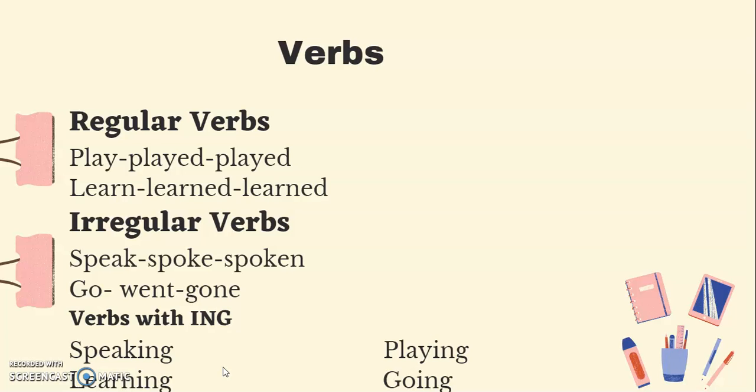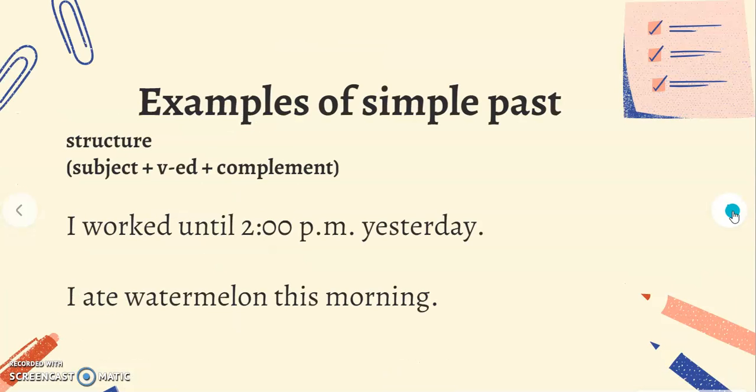For example, if I say, I'm speaking with my sister about my birthday. Okay, the action is speaking. It is something that is happening in that moment. For that reason, we need to use ing with those verbs.